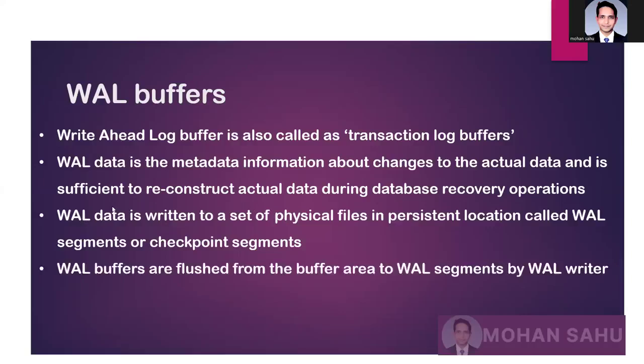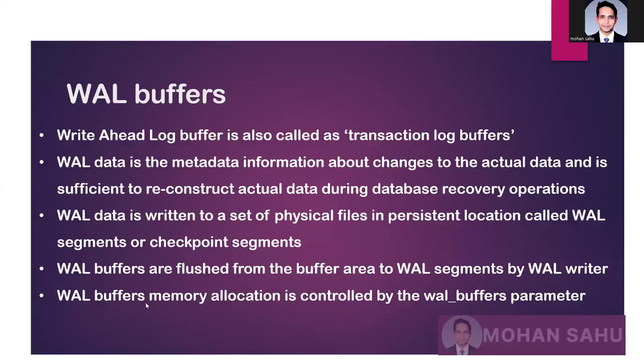There is a process called WAL writer that is responsible for writing all those WAL buffers. WAL buffers are flushed from the buffer area to WAL segments by WAL writer. And WAL buffers memory allocation is controlled by the wal_buffers parameter. This parameter we will also find in the config file, which we discussed some time back.